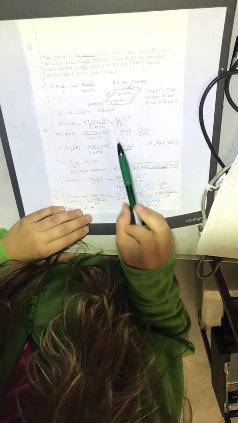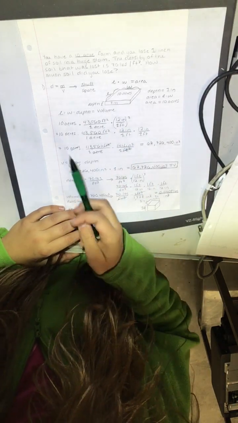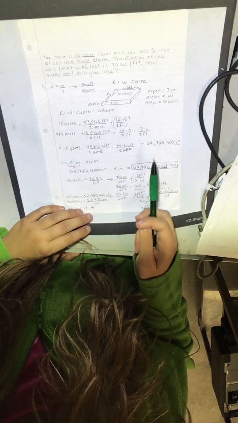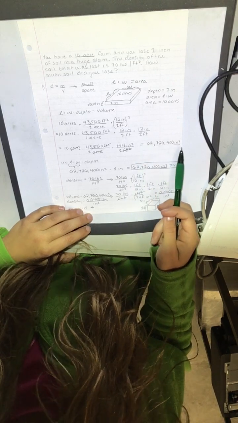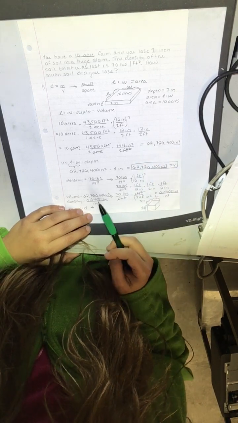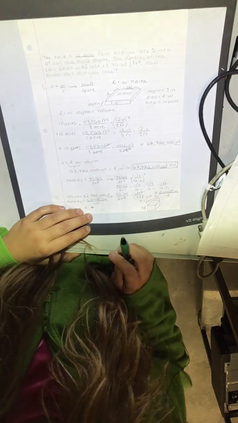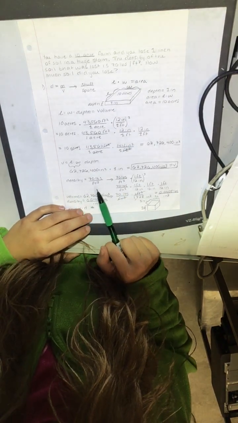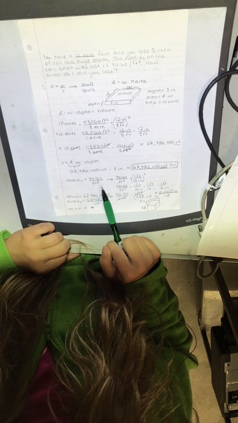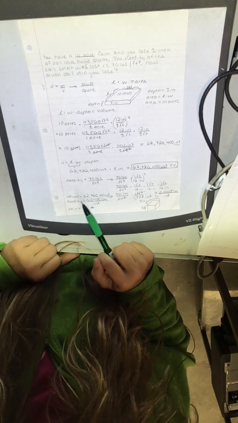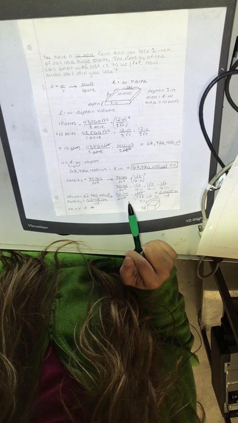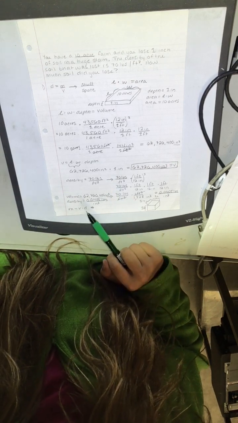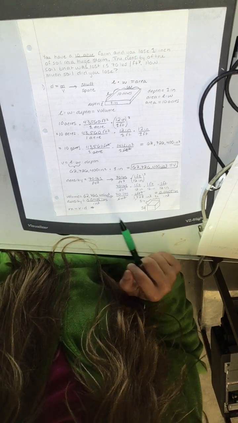And so that's all that we did here. We took acres and made them into inches squared, which is an area, and then we multiplied by that 1 inch to get a volume. And then we took the density that was given, and instead of pounds per cubic foot, we made it pounds per cubic inch.